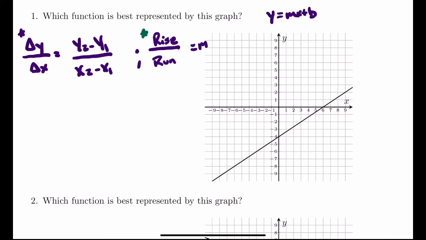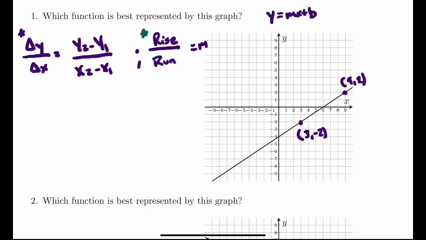So I'm going to grab this point right here because they're both positive numbers. And this is 9, comma 2, the ordered pair. And then let's grab this one right here. And this is at 3, negative 2.